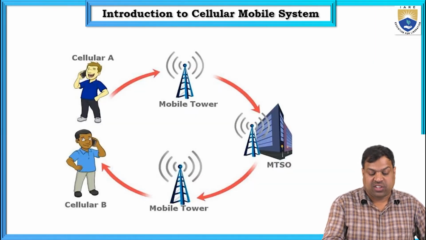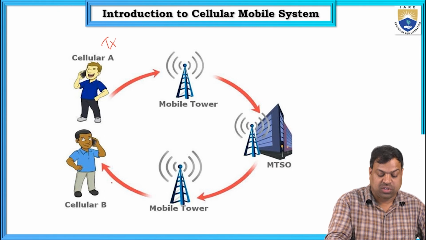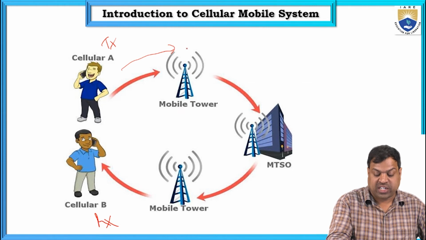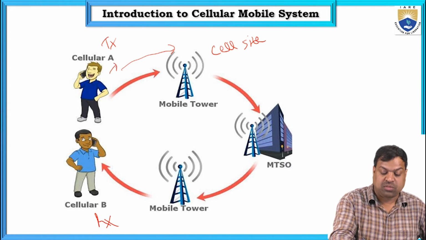See here, it is another one. Suppose cellular one I'm taking as calling, he is a transmitter. He wants to make a call to this cellular B. He made a call to cellular B, so this cellular I'm taking as a receiver. So transmitter to receiver, what is happening? First, the transmitter is a mobile unit.